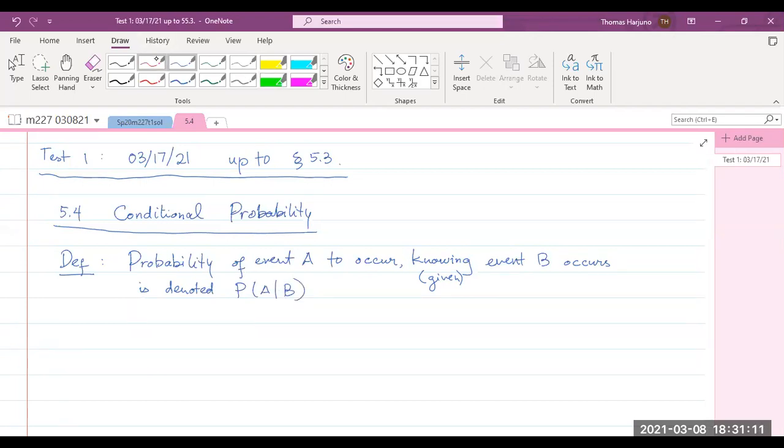The first one is the event we are looking for, the desired event. And the event after that vertical line, that's a vertical line, not a diagonal line, is B, the condition.